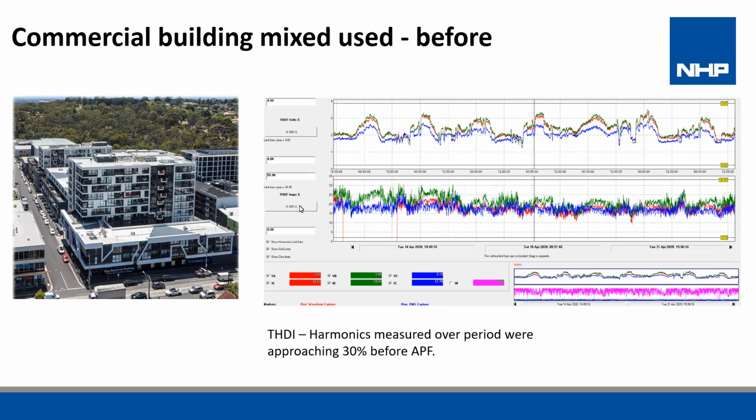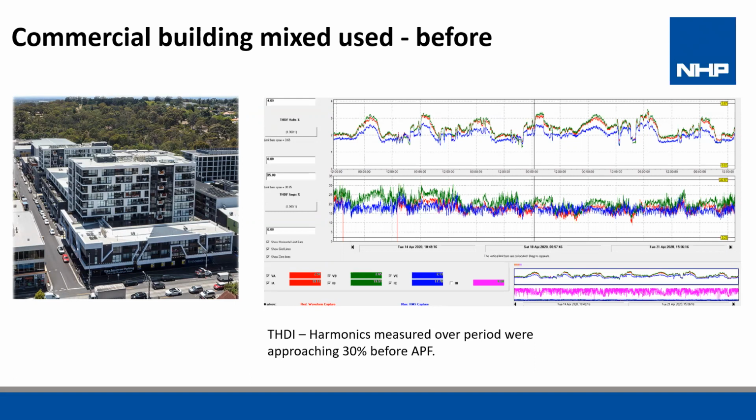But when we checked the displacement power factor, it was close to unity. And we checked that against the true power factor, which showed it was significantly worse than the displacement power factor.